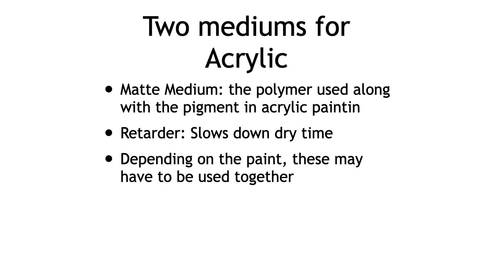You'll need that whether you're in oil or acrylic, because a lot of the retarders have a recipe that you have to mix with a certain amount of the matte medium if you're using it for translucent glazing. So we'll go over that next week, but just make sure you have your matte medium, your retarder, and the squeeze bottle ready.